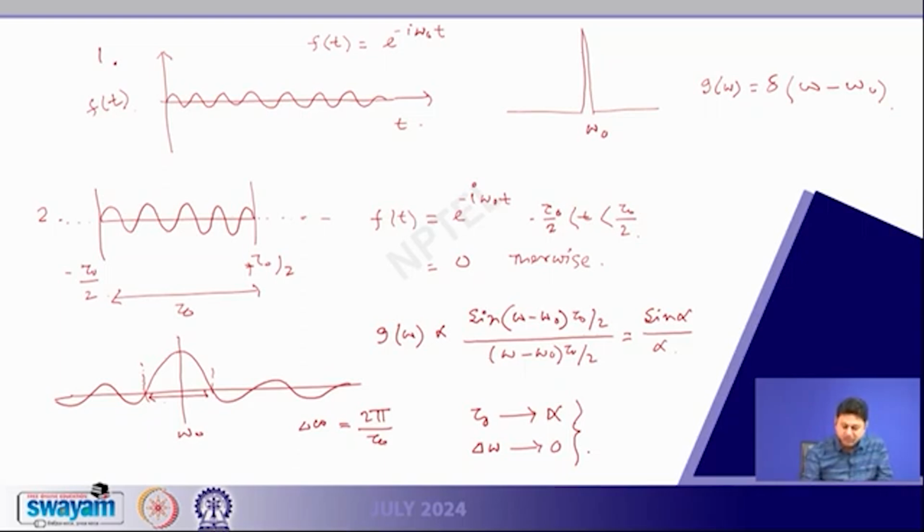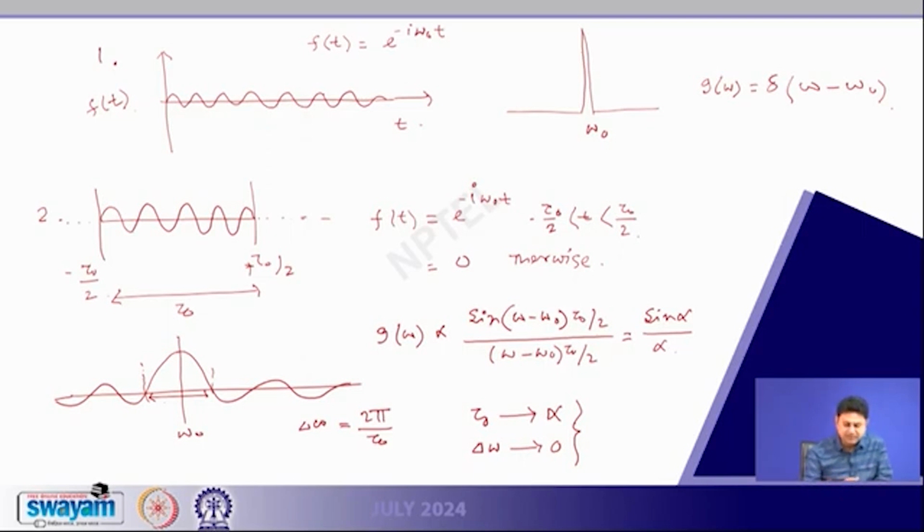For the finite case, we have a frequency span. So the wave train is represented not by a particular frequency omega naught, but by some span of frequencies. In the other case, when we have an infinite wave train, the frequency is defined very precisely as omega naught, and because of that we have a definite phase relationship between the wave at whatever time.